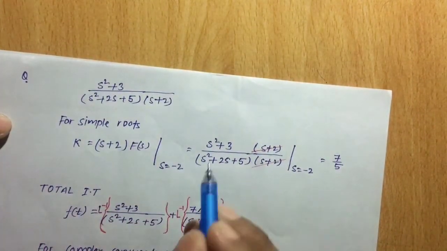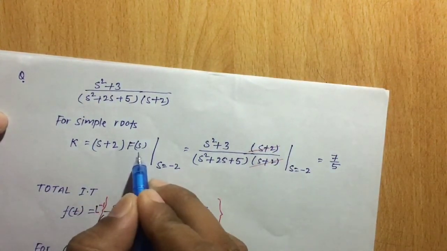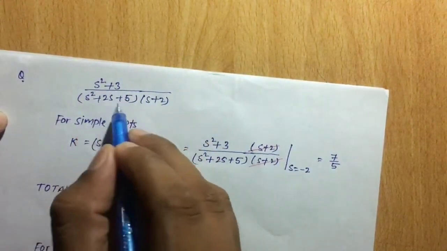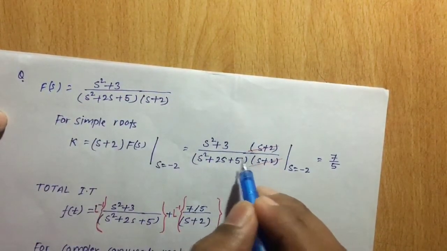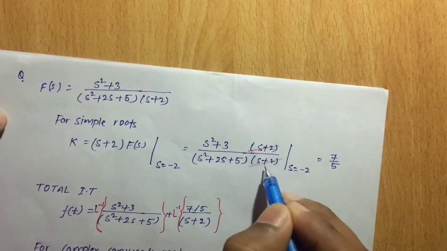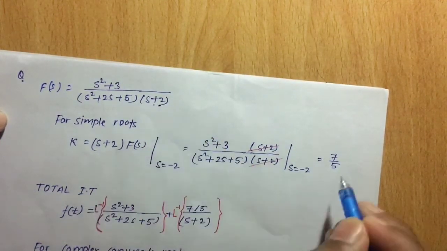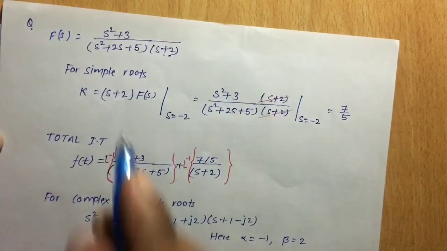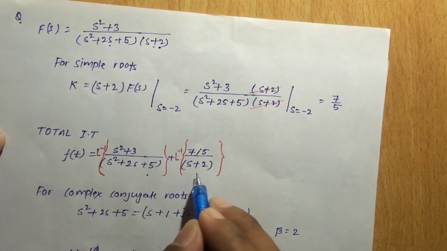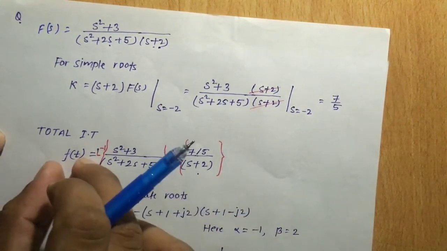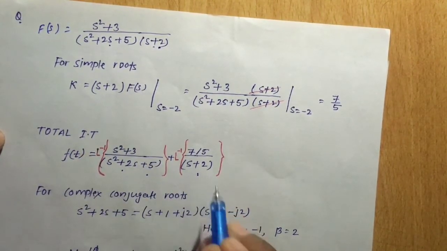For simple roots, we use the conventional method: K equals (s plus 2) into F(s), that is, this whole F(s) multiplied with s plus 2 in the denominator as well as the numerator, at s equals minus 2, the root of s plus 2. We find 7 by 5. Now, this term is divided into a complex part as well as a simple part. Then f(t) is the inverse Laplace of the complex part plus this simple part.